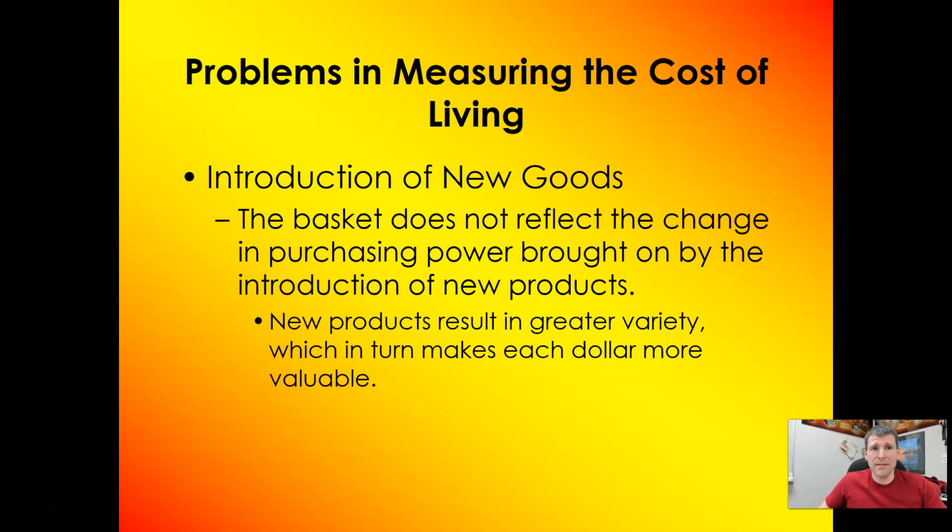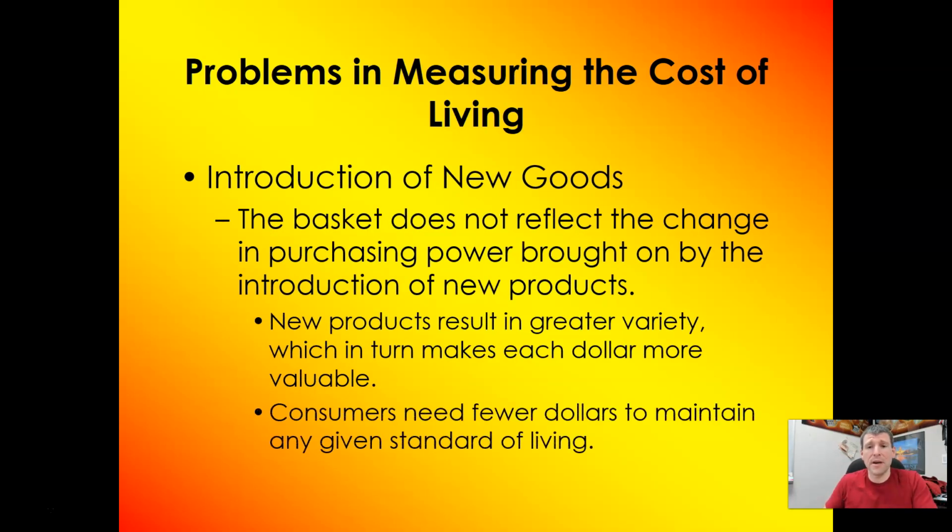Introduction of new goods. This is the fact that CPI doesn't throw in new things that people are buying very quickly. It has to be something that people tend to buy for a longer period of time before it's included, or other stuff gets excluded so the new stuff can be thrown in.